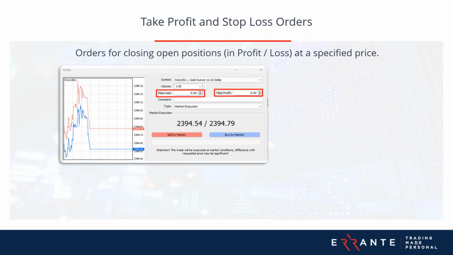Very well. So let's start by discussing the stop loss orders. These are critical for managing risk in trading. A stop loss order is an order placed with a broker to sell a security when it reaches a certain price, or let's say in better explanation, to close an open position when it reaches a certain price.